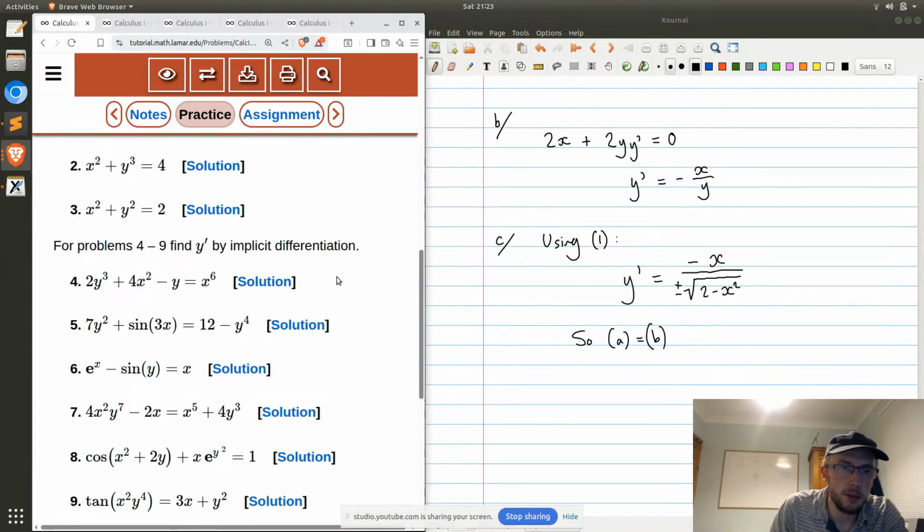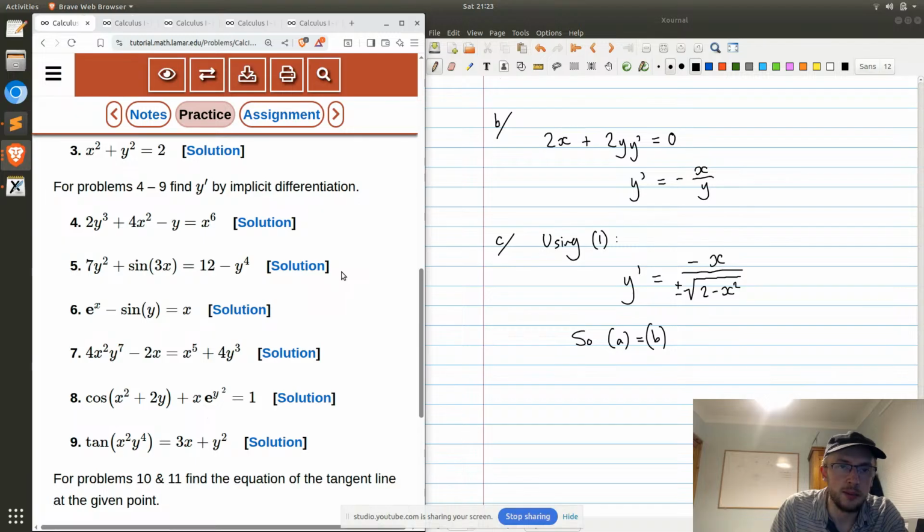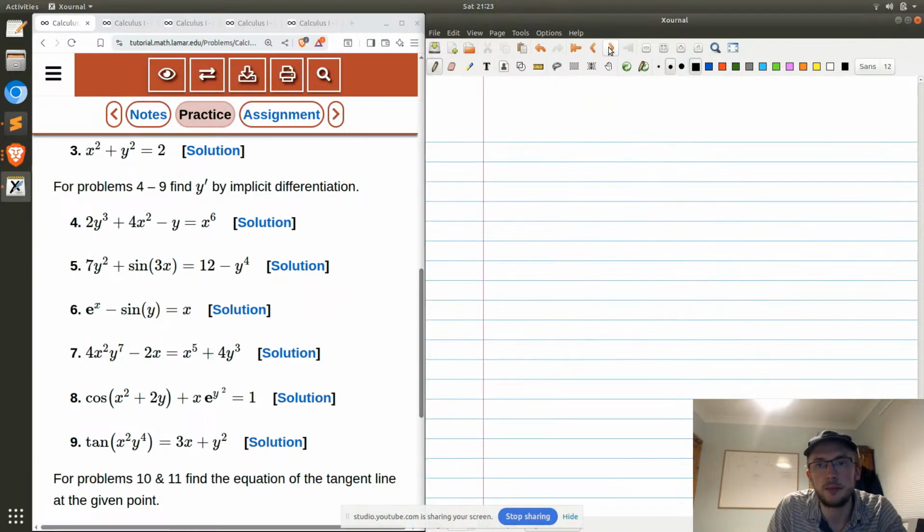All right. For problems 4 to 9, find y prime by implicit differentiation. Okay, I get 6y squared y prime.